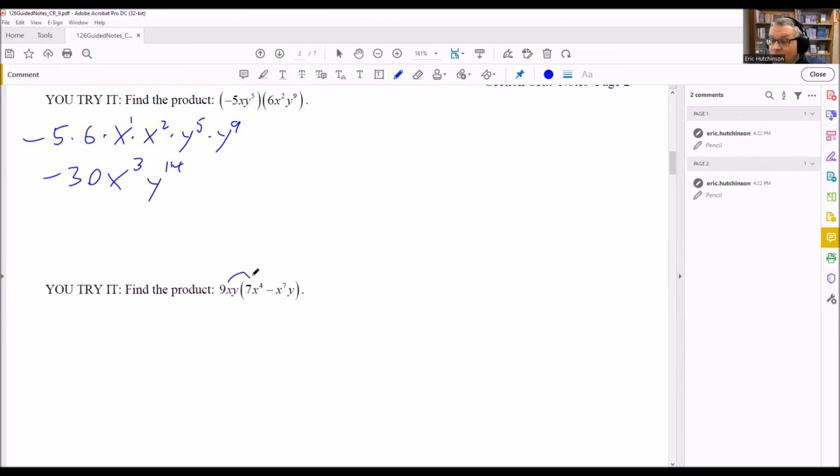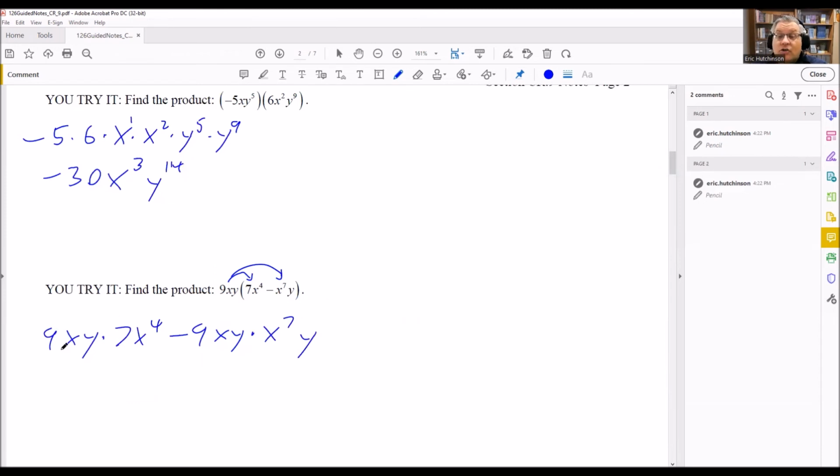Now this one down below, definitely we're going to use the distributive property on that one. So 9xy times 7x to the fourth. We're just going to do 9xy times 7x to the fourth, minus 9xy. There's a minus here, that's why there's a minus out front. 9xy times x to the 7th y.